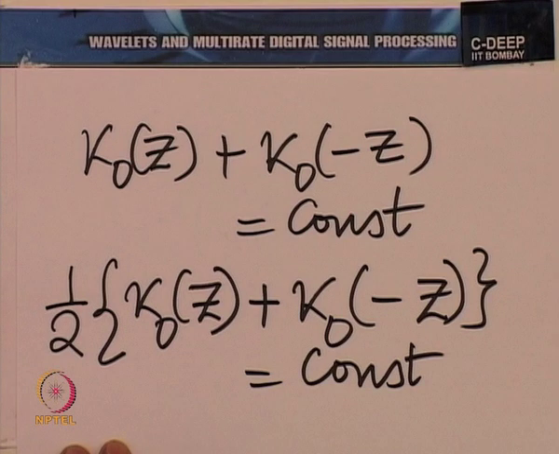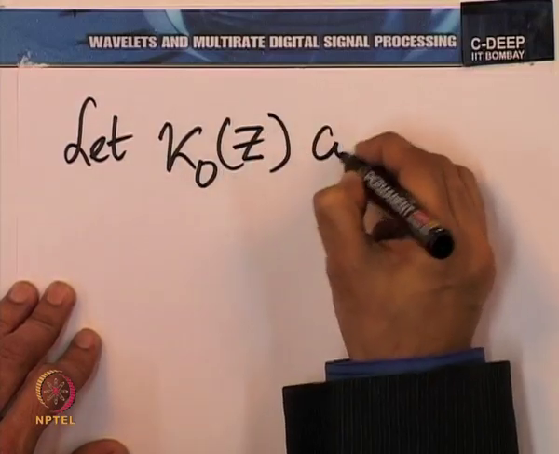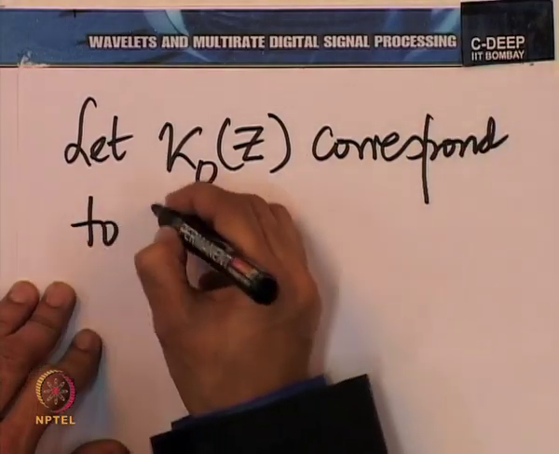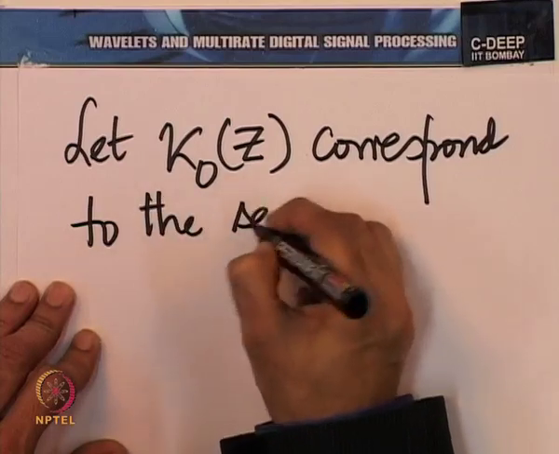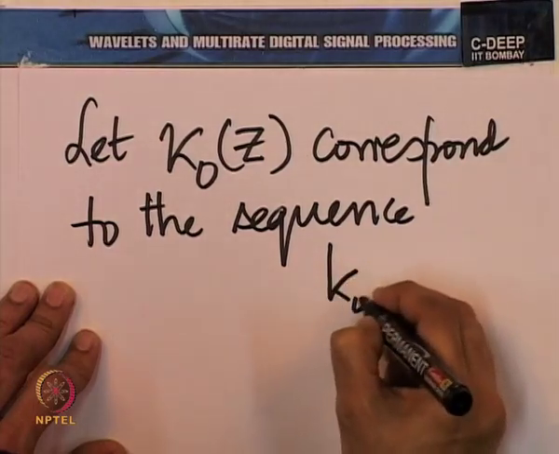So, in fact, let kappa 0 z correspond to the sequence, let us write small k 0 n.